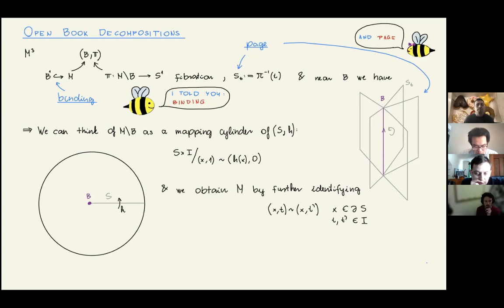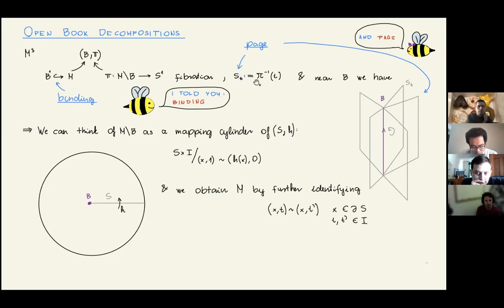Okay, so we have this model there. And in principle, a fibration could look different. For example, at one time it could go multiple times around the binding, and that we don't allow. Those would be called rational open books. So we don't allow those.